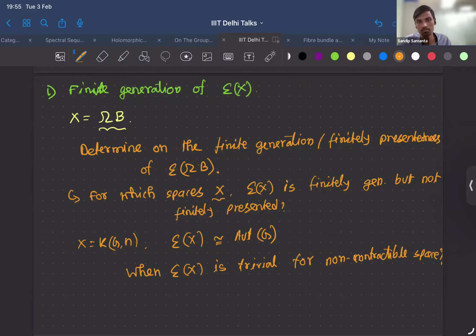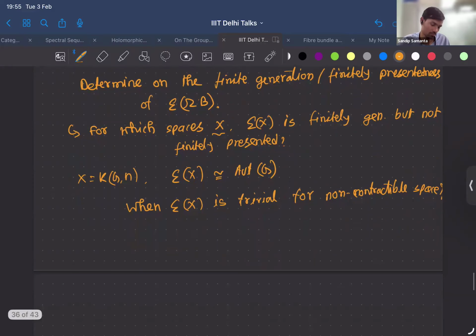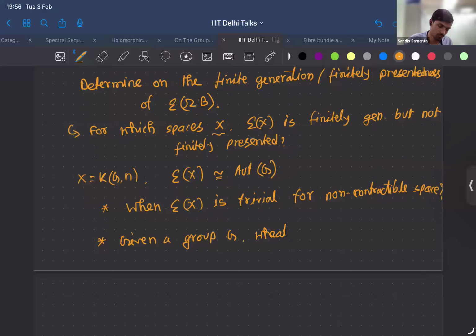This is one, and another interesting thing is: given a group G, whether G can be realized as some homotopy equivalence group, G realized as some E(X) for some space.